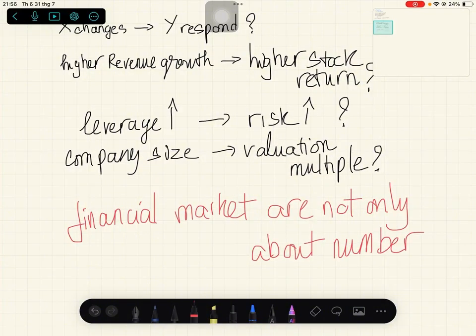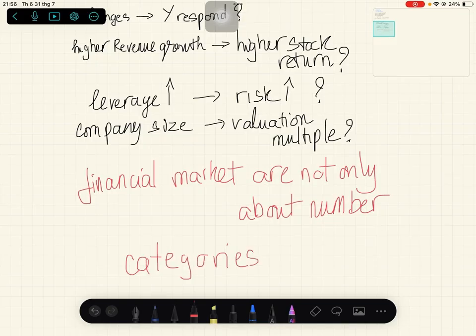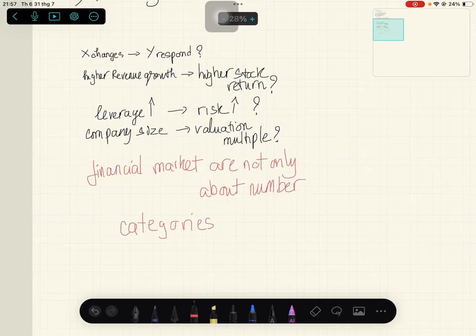Many important characteristics are categories. A company can be technology, healthcare, energy, financial services, food and beverage. The problem is regression equations cannot directly understand the word technology.